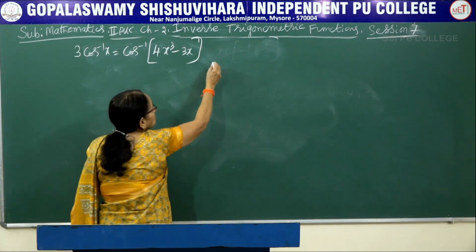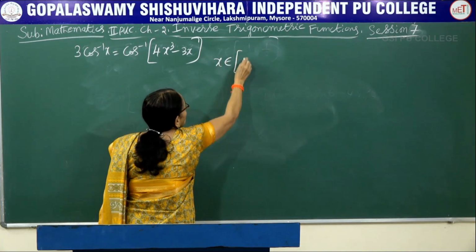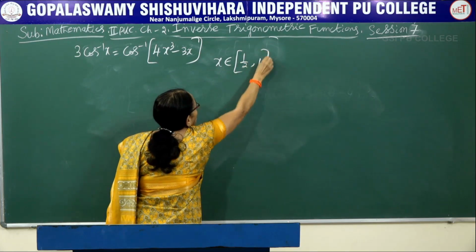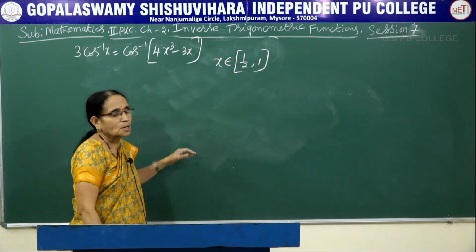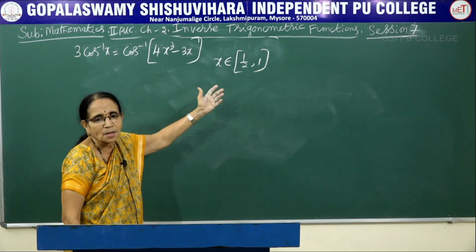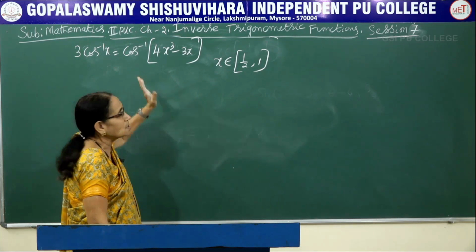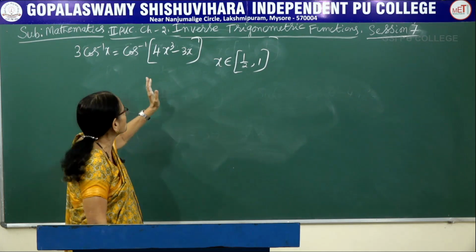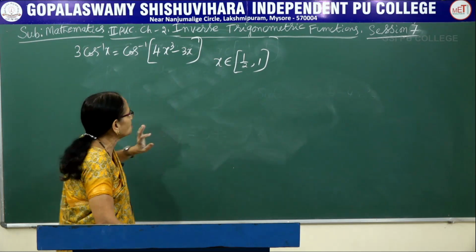Here the condition is x belongs to the closed interval half comma 1. So, this is the closed interval to which the variable x belongs. Under this condition, we can show that 3 cos inverse x equal to cos inverse of 4x cube minus 3x.